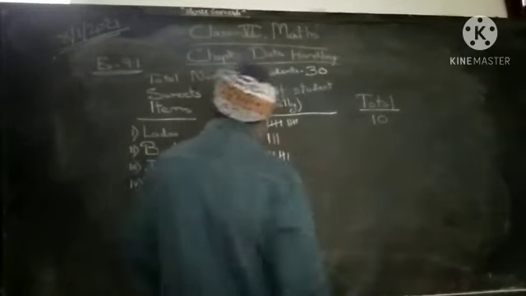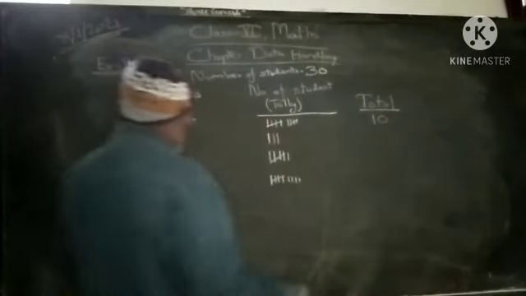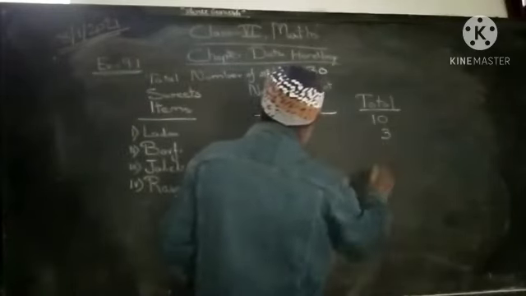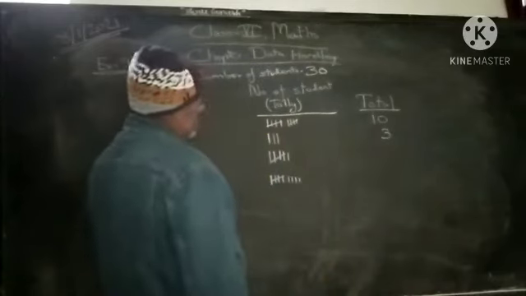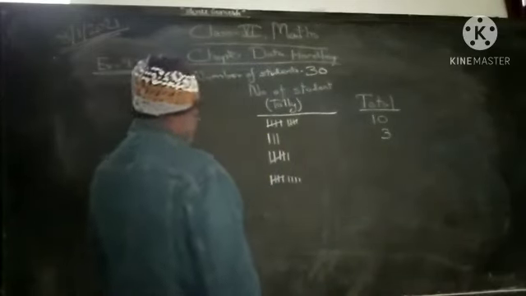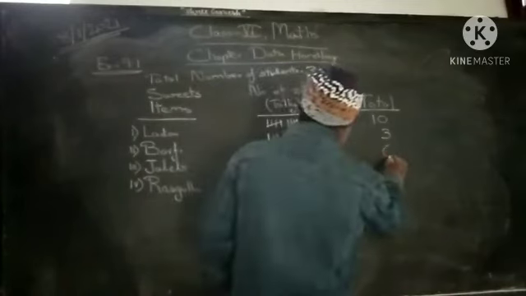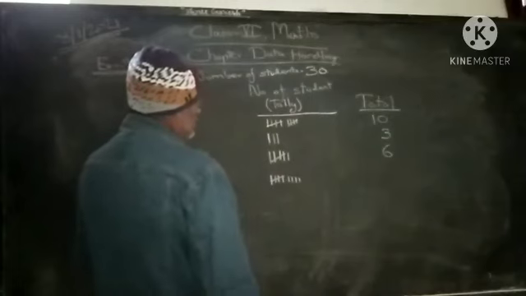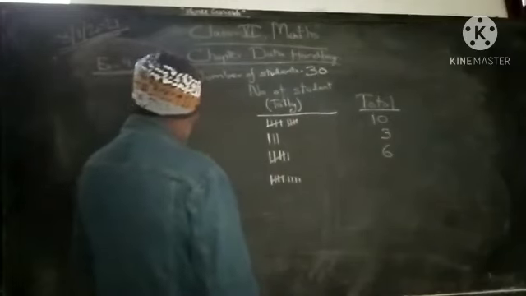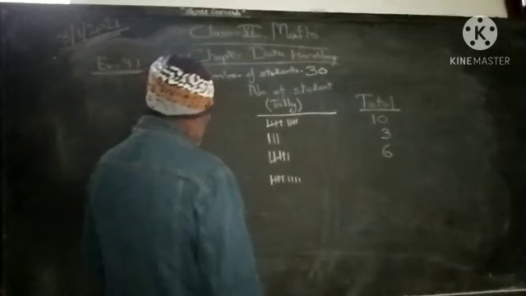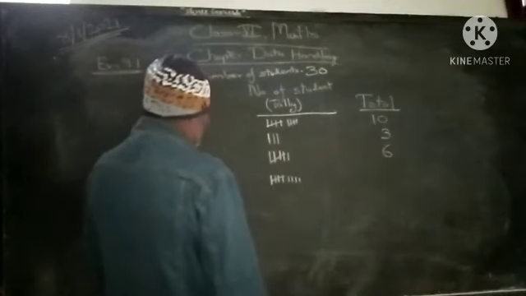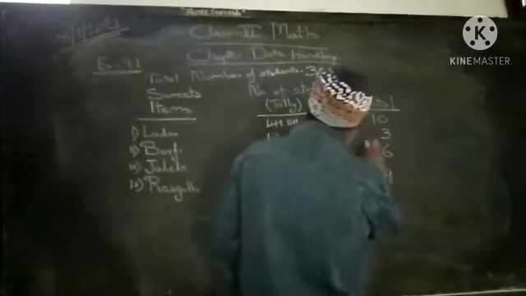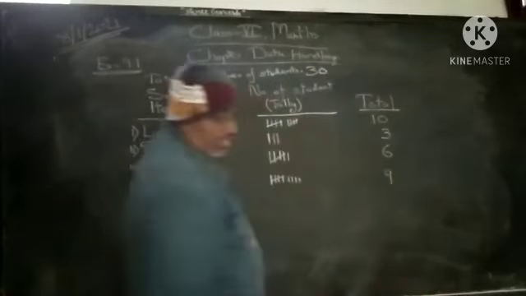There are 10 students who like laddu, 3 like barfi, 6 like jalebi, and 5 plus 4 is 9, but the total is not 30. 1 is missing.